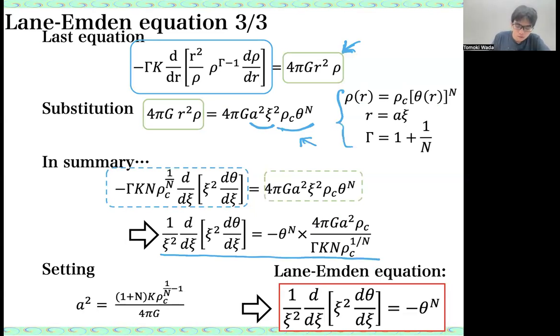And when we set this part as 1, so far A is not defined. So we can set A so that this term becomes 1, shown here.